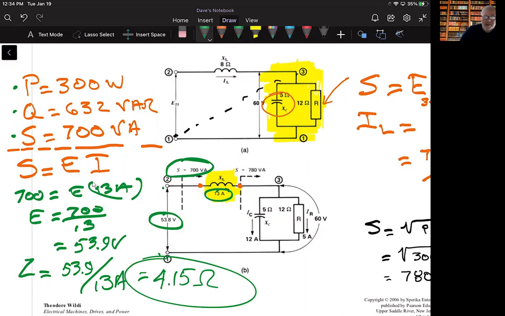So a very complex circuit that we were able to solve by just using power triangle relationships, our basic equations for apparent, active, and reactive power, and just working through those.